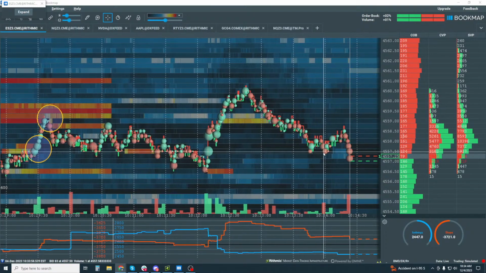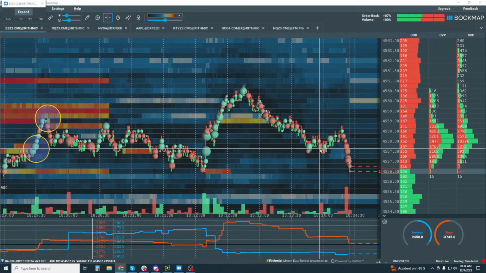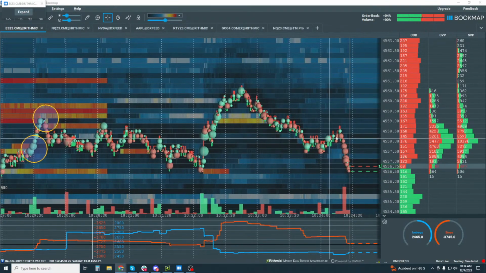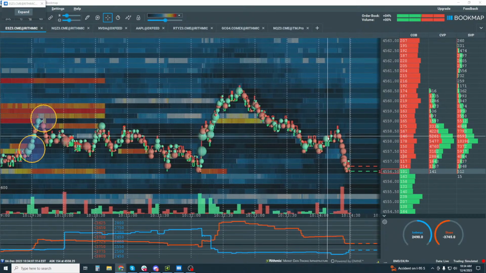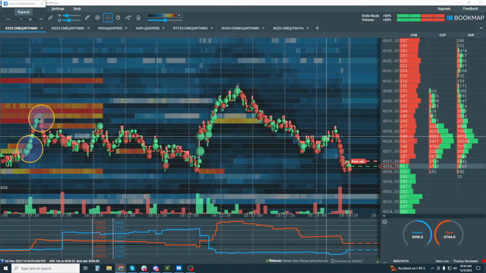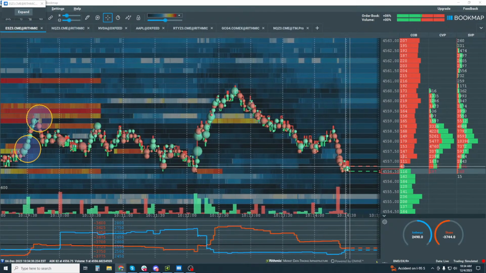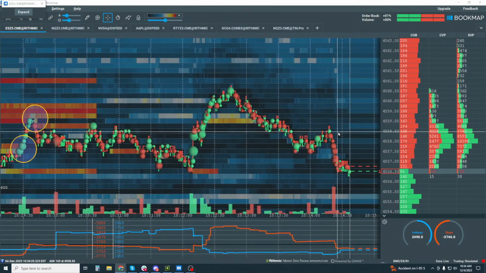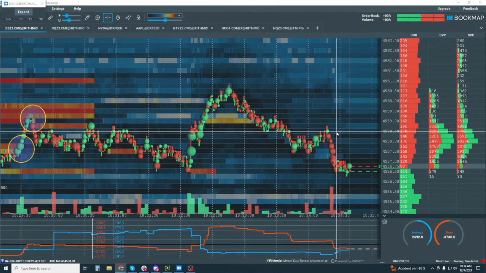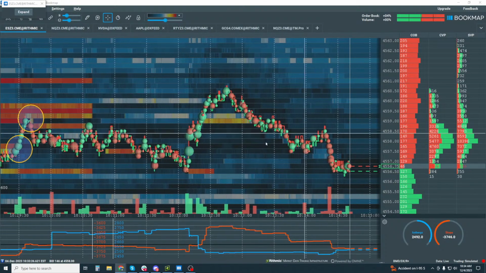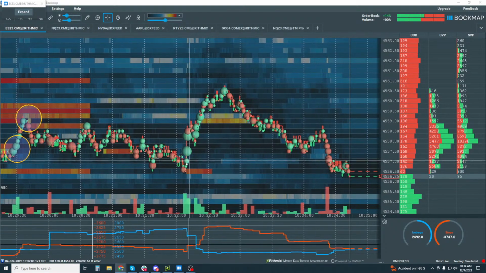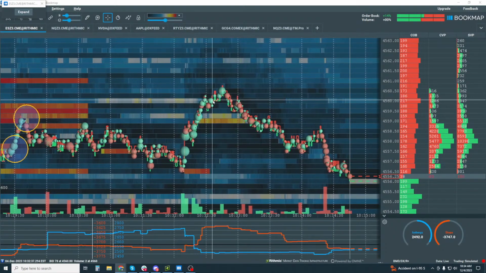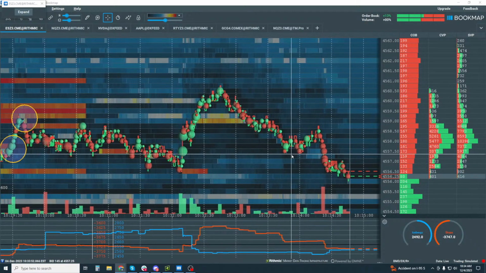So the pullback being strong, we have to have, again, another strong momentum and volume here by the buy side. Now you can see it's failing right now, right? But we still may come up here and find buyers. We'll see. But this is what I want to cover, this strong move and this pullback.